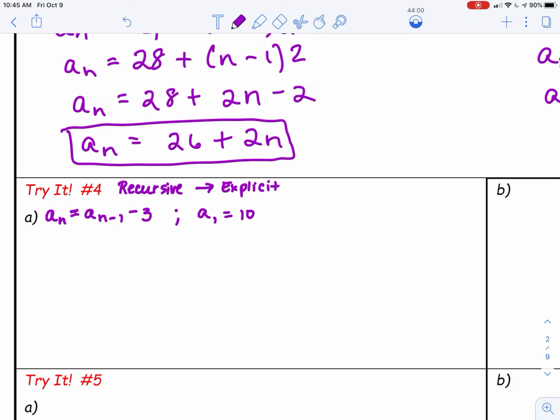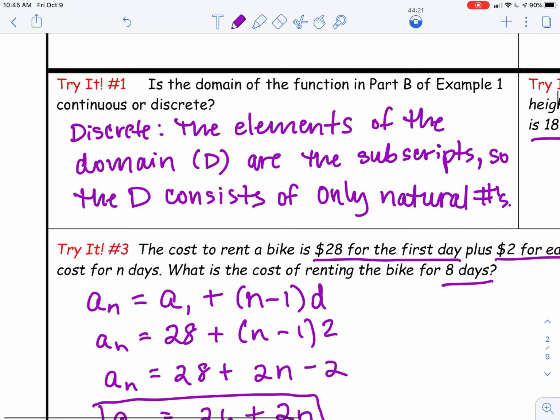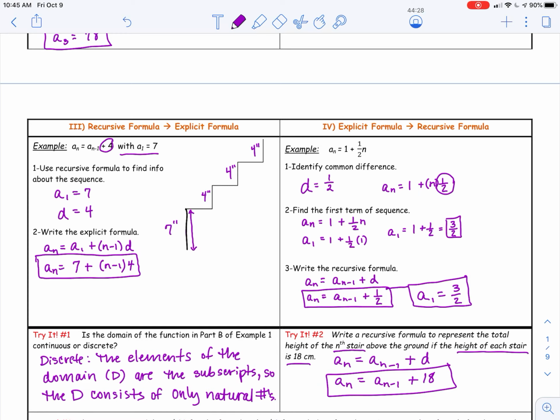All right, so let's turn this into an explicit form. Let's also pull out of this information, what is the common difference here? Well, it's -3, because in the recursive formula, if you go back and look at that form, let me go back up here.